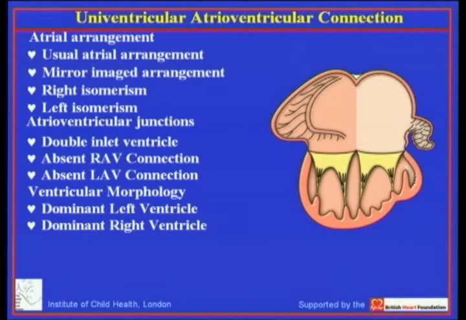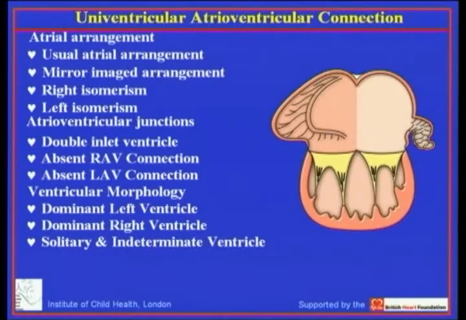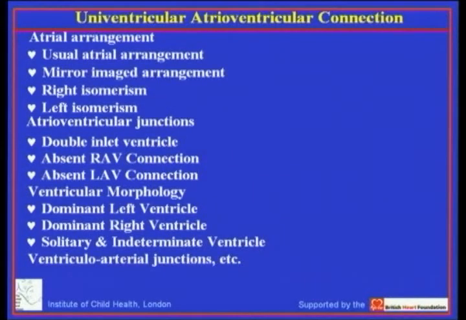But you will appreciate that we can have the same double inlet connection when it is the right ventricle that is dominant and the left ventricle that is incomplete and rudimentary, and exceedingly rarely there can truly be a solitary chamber within the ventricular mass, and that has particularly coarse apical trabeculations.